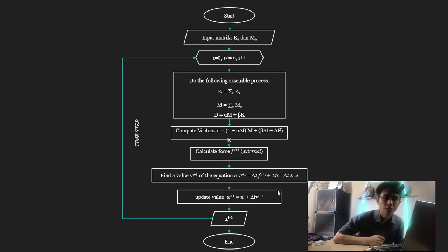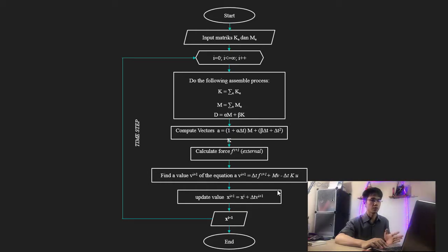Here is the flow chart that I have summarized from all the references into one part. First of all, you need to input matrix K and M. K is the stiffness matrix, how stiff your object is, and M is the mass, how heavy your object is.